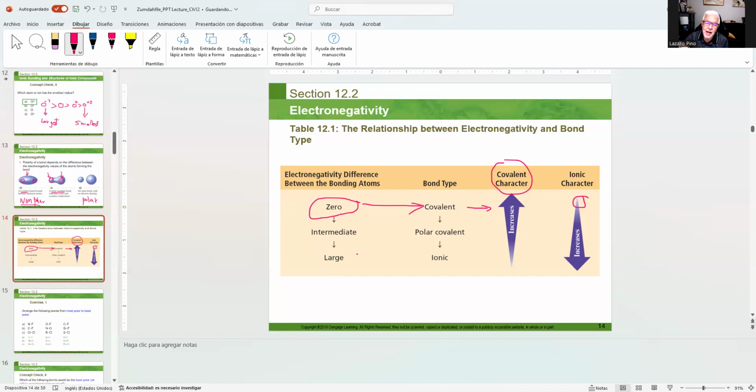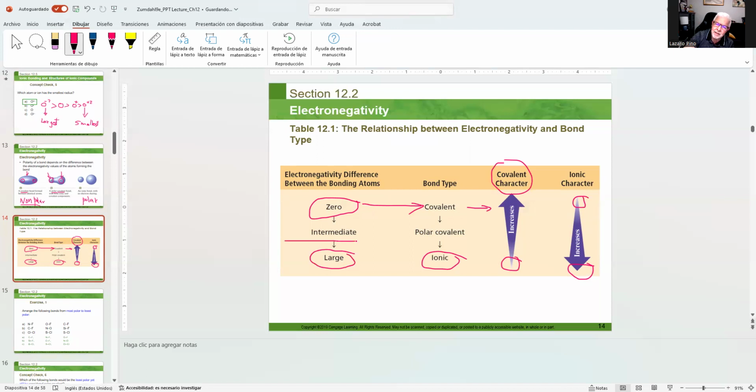On the other hand, we have a large difference of electronegativity. In this case, we are in front of ionic bonds. Of course, the ionic character is very high and the covalent character is very, very low.